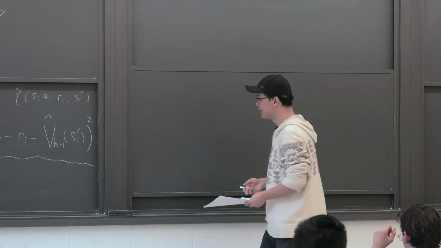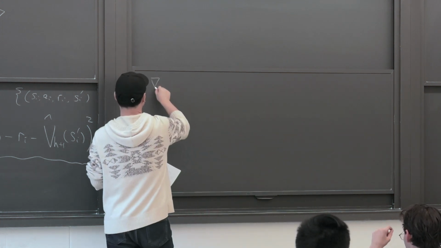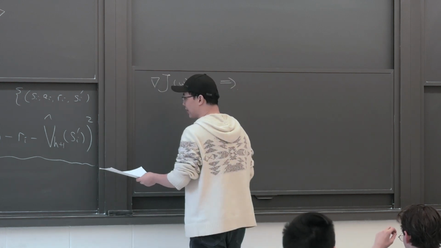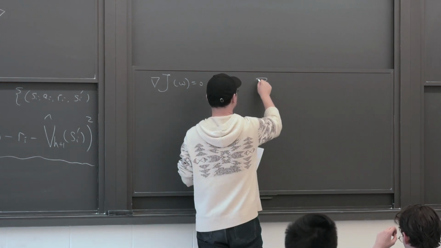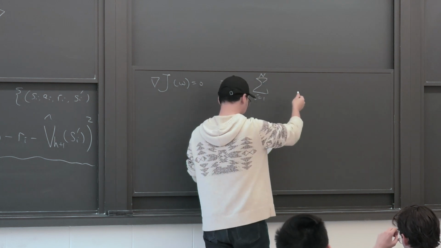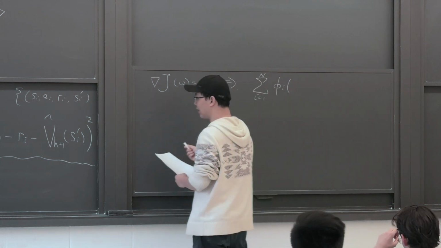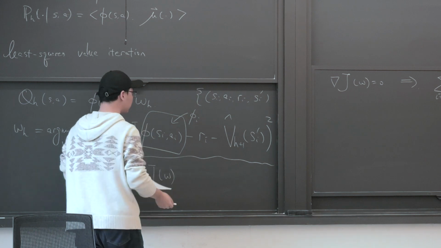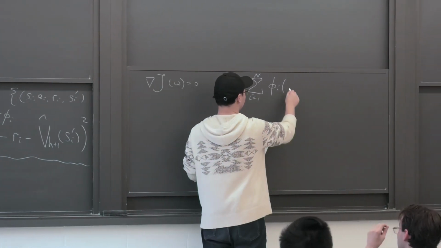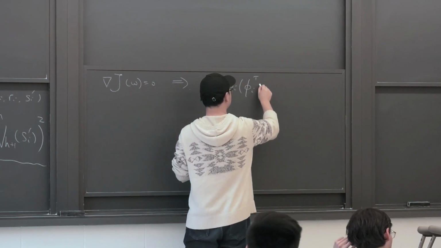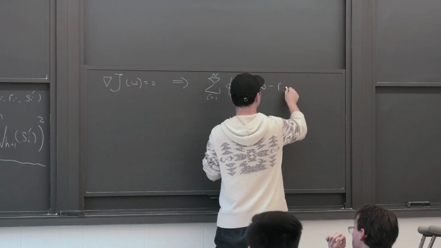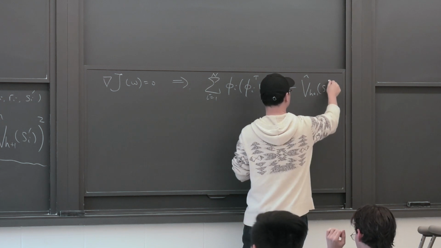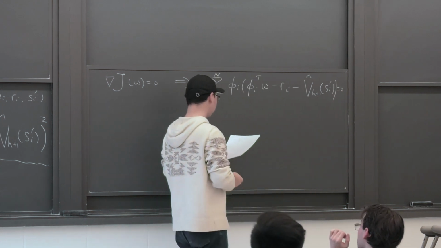In order to find the minimizer, we first set the gradient equal to 0. We take a derivative over this objective function, and this implies summation i from 1 to n of phi_i, let's call this thing phi_i to make it simple, times phi transpose w minus r_i minus V_{h+1} hat of s_i prime, equal to 0.